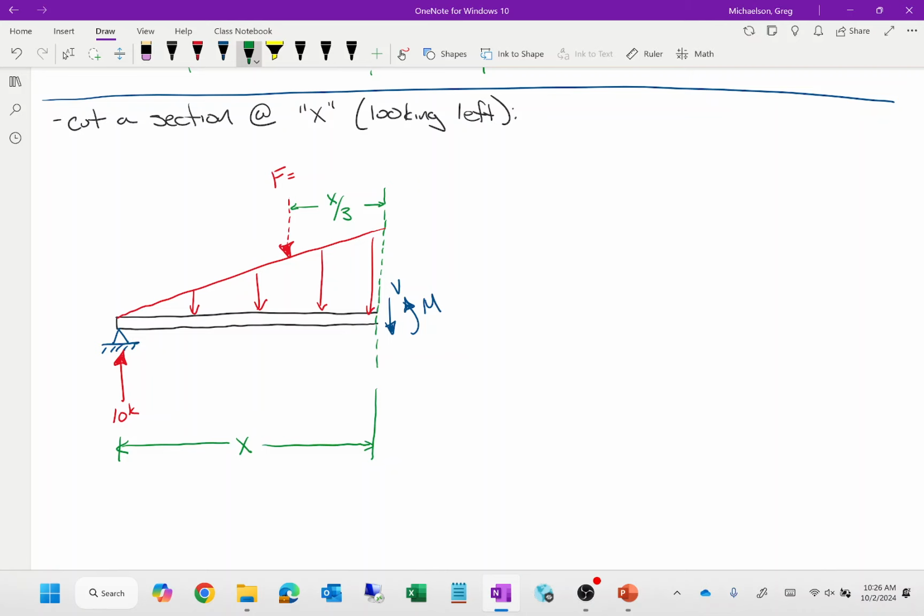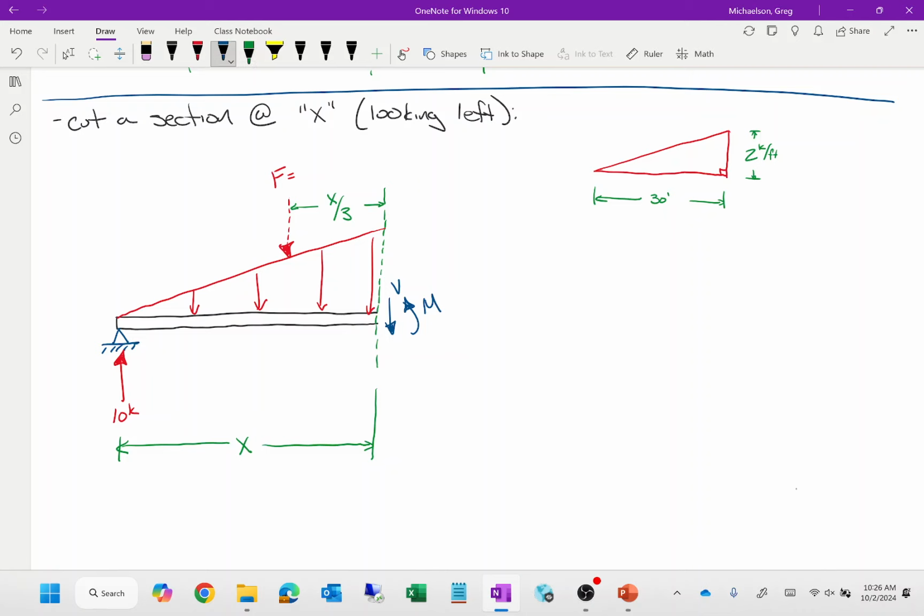Now, what about this force? Well, let's see. This is 30 feet. This is 2 kips per foot.